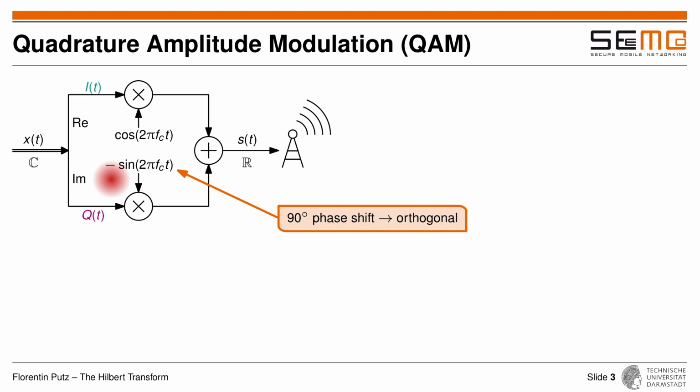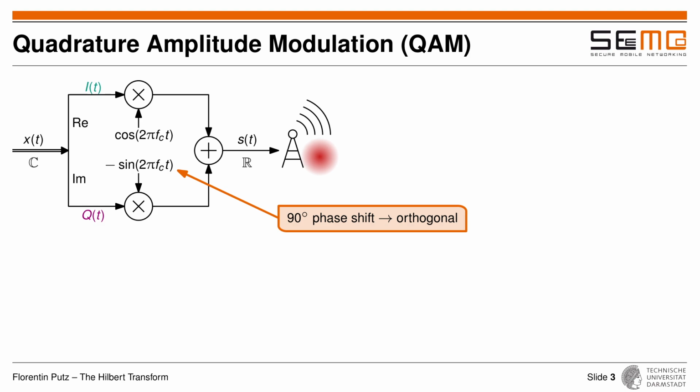And if you remember from the lecture, these two waves are orthogonal, so we can modulate them at the same time, add them, and the receiver will be able to again separate this cosine from this negative sine wave and receive the information we encode onto these waves independently from each other.